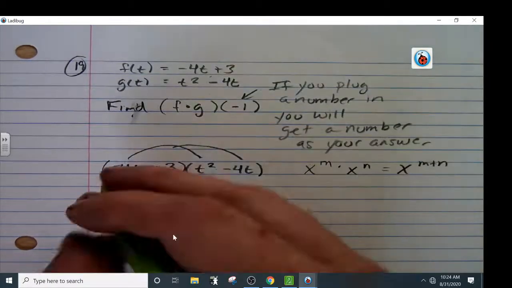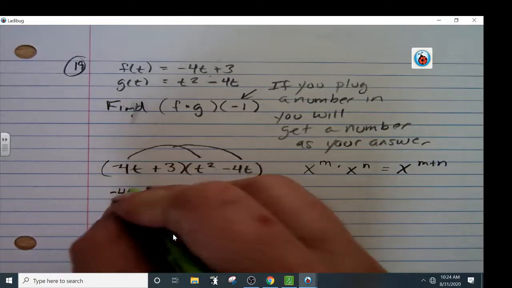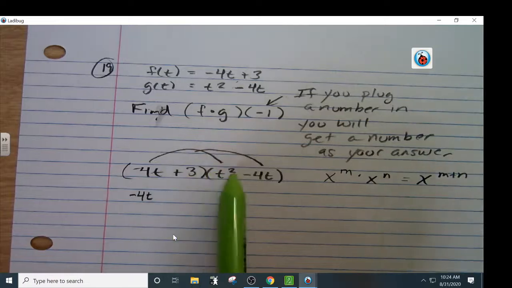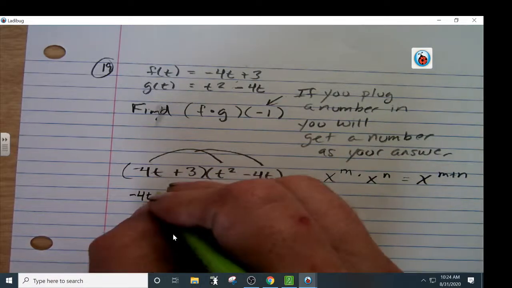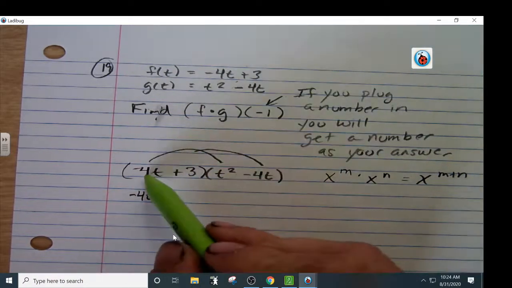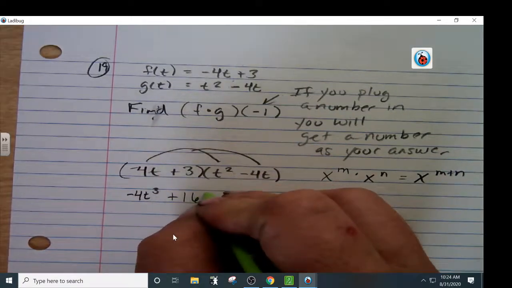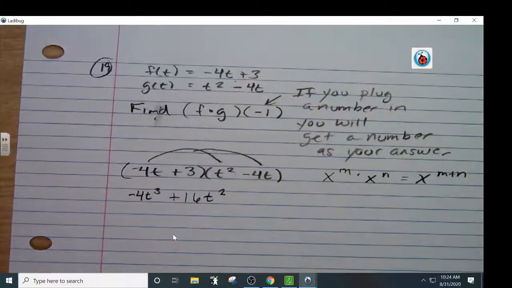All right, so now, guys, this is known to be to the first power here. What's 1 plus 2? 3. Negative 4t times negative 4t is positive 16t squared, because t to the first times t to the first is t squared. Okay?